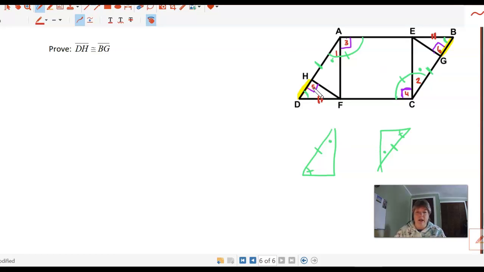So you would recognize that you have angle 5 congruent to angle 6, and angle B congruent to angle D. So if you could get either HF congruent to EG, or DF congruent to EB. For example, if you wanted to try to prove HF congruent to EG, you would want to prove this triangle right here congruent to this triangle right here, and I think you could probably do that.